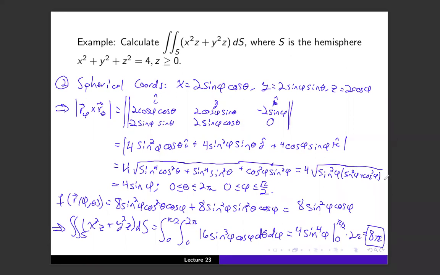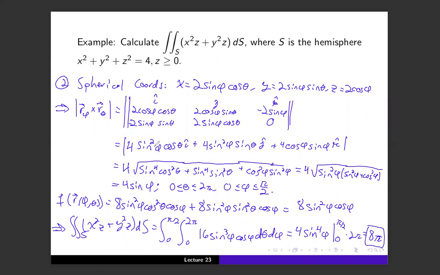Well, that's still not what I had last time, but I must have made a mistake somewhere, getting some factor of 2 that I missed, either in this process or the last process. One of the two of them I made a mistake in, but when I upload the notes for these slides, I'll have fixed this error. But I'll move on for now.